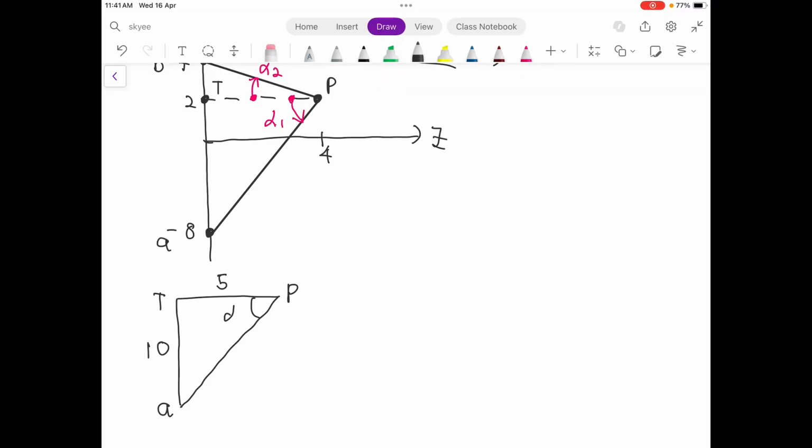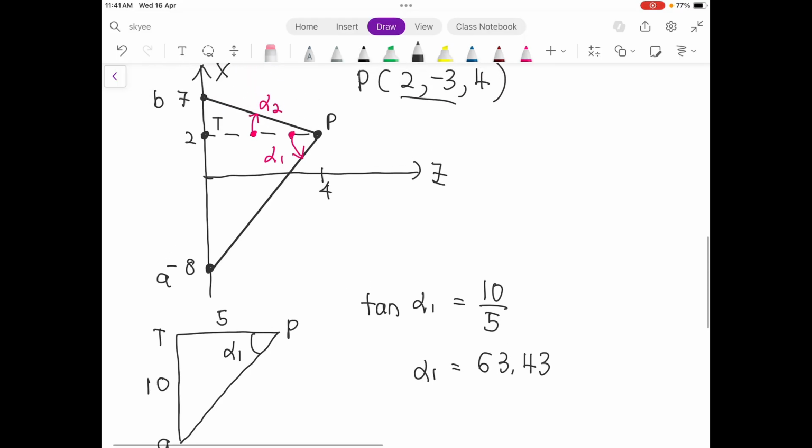Our alpha 1 is here, so I'm going to use the tangent. So it's 10 over 5. Alpha 1 is equal to 63.43 degrees.